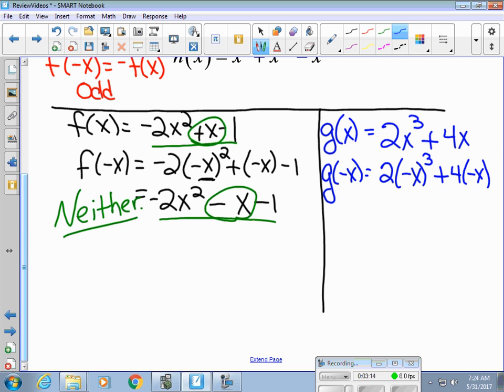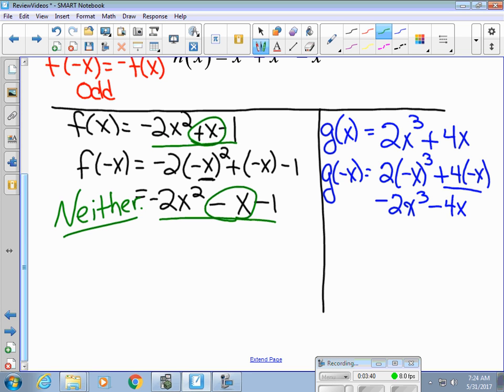Right, we're just going to simplify. A negative times a negative is a positive, times a negative gives us a negative. So the negative x to the third is actually negative x to the third. So the whole term becomes a negative 2x to the third. Now I have 4 times a negative x. When I simplify that, I'm going to get negative 4x. Let's do a comparison.